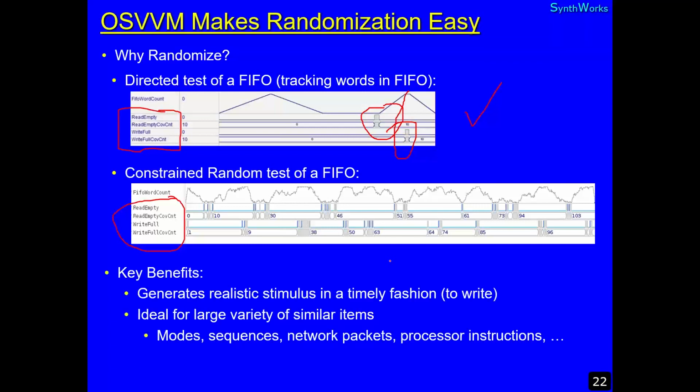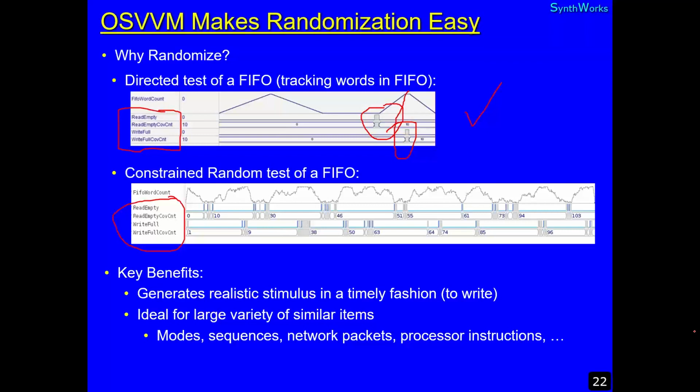All right. So the key point about this is we're generating realistic stimulus in a timely fashion. When I say timely, I mean to write. I don't necessarily mean running. Constrained random does have some overhead, and it may take longer than an equivalent test running in directed testing.